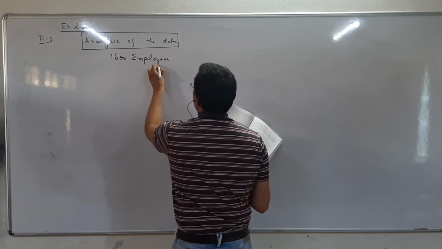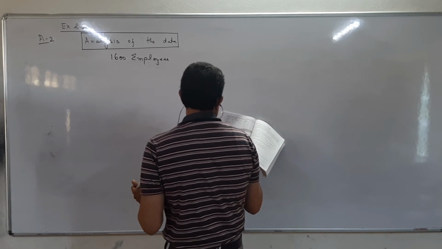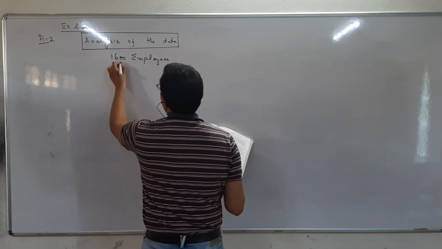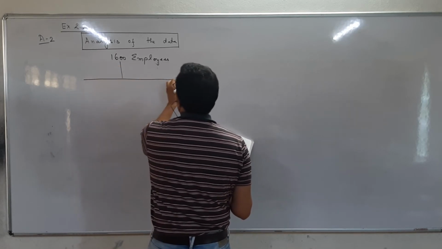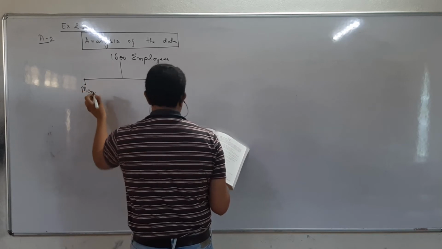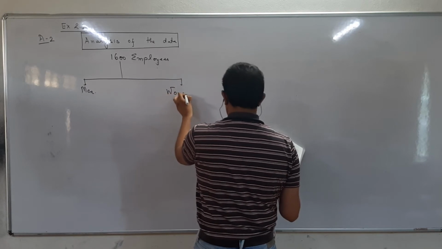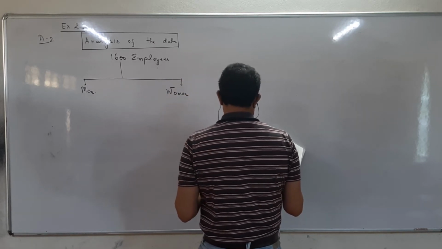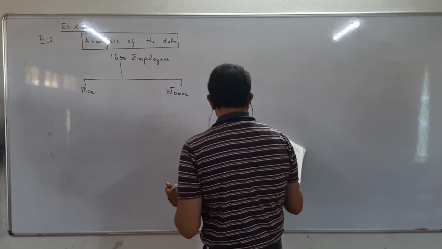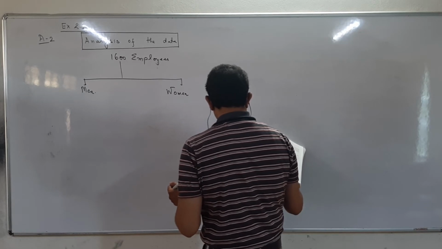Students, this is Y. Among this, the number of men exceeded the number of women by 15%. So this is divided into men and women. The number of unmarried employees and married employees.